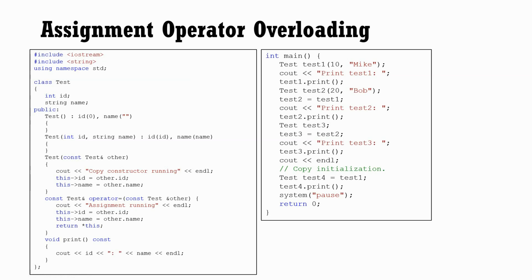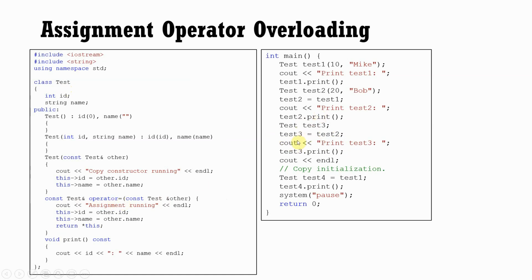But what does it mean when an object of class test is equal to an object of class test? In this case, we have redefined or overloaded the assignment operator.